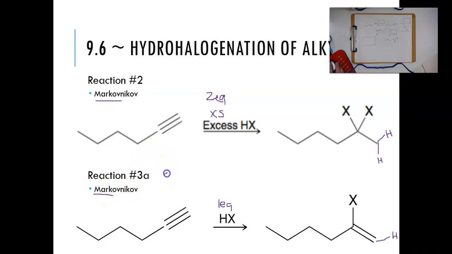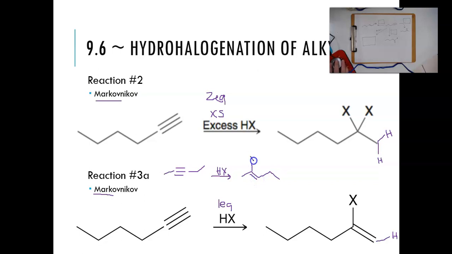Now, if we have an internal alkyne, especially one that's not symmetrical, and we reacted this with HX, let's see, 1, 2, 3, 4, 5, 1, 2, 3, 4, 5. I'm going to get a mixture of products.